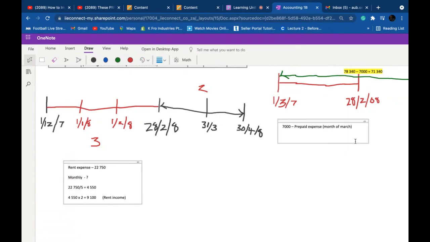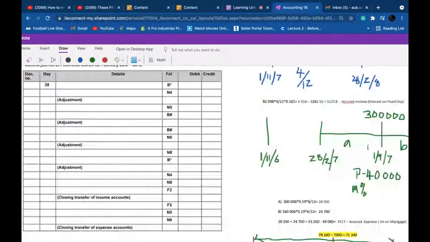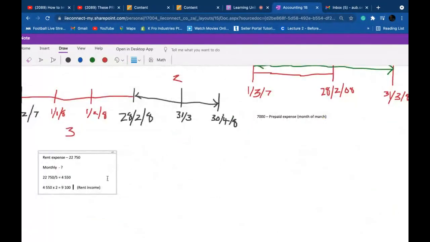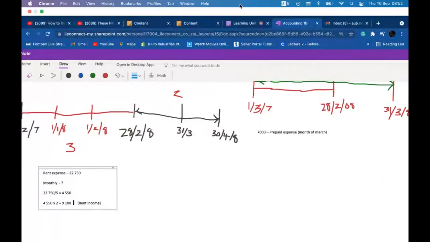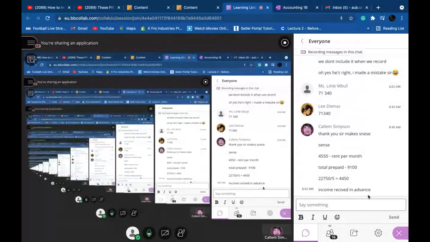Remember, here we had prepaid expense. Over here we had accrued expense. Over here we had accrued income. What is this? We've received income for months outside of our financial year. What's the other account that's affected? It's income received in advance.